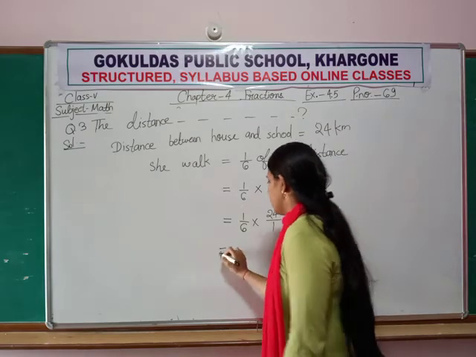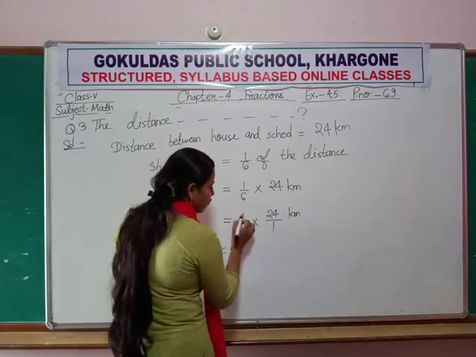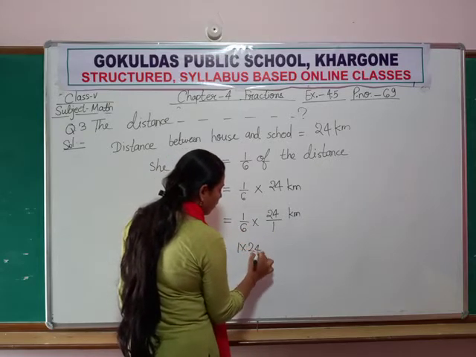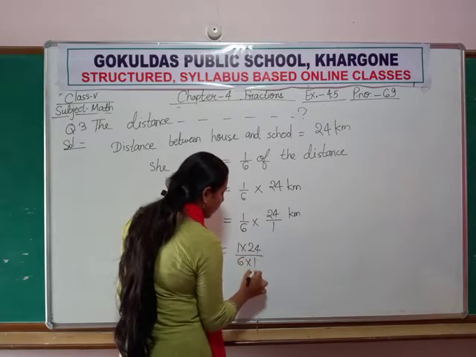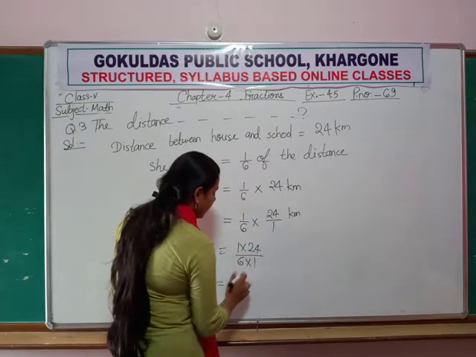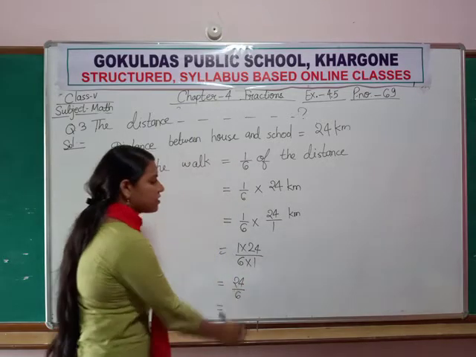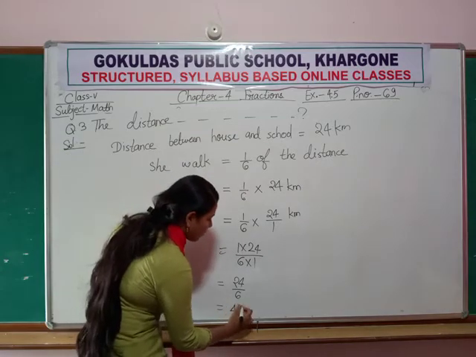Kilometer. Now two fractions are there and we want to multiply them. So numerator will multiply with numerator, 1 into 24, upon denominator multiplied with denominator, 6 into 1. Now 1 into 24 is 24 upon 6. When we reduce this to its lowest form, we get 4 as the answer.